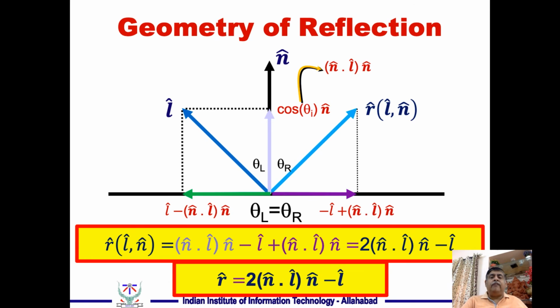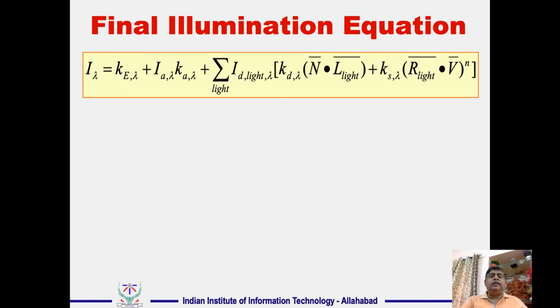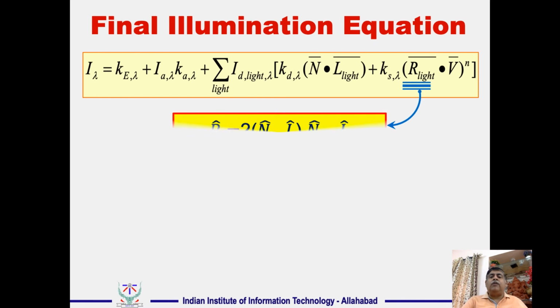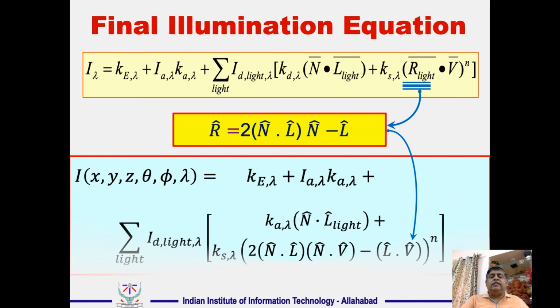Now we have the final illumination equation, and in this equation the R component we will replace by this vector, so that we have all the components of computation. If we do replace this vector, this is the final equation that we get.